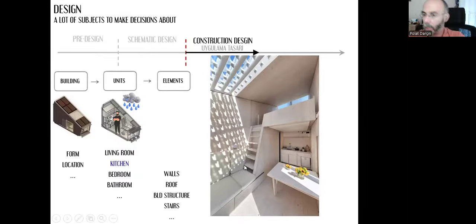Like this staircase. There can be many different alternatives for the staircase with different shapes and colors and geometrical forms. However, these architects designed a staircase like that so that it will provide the necessary function and be appropriate with their previous unit and building decisions.